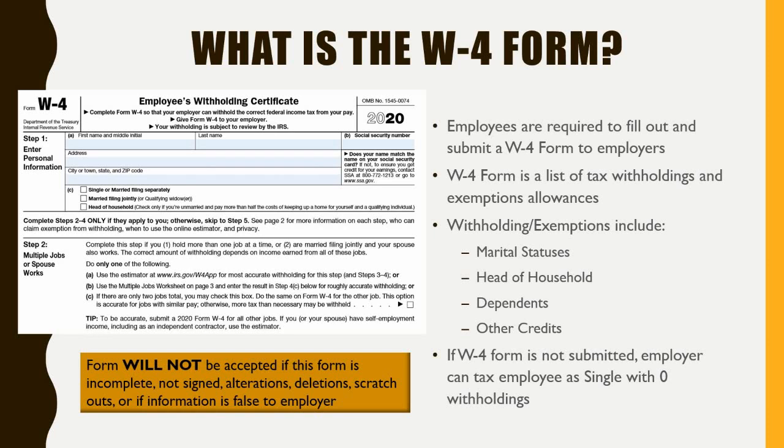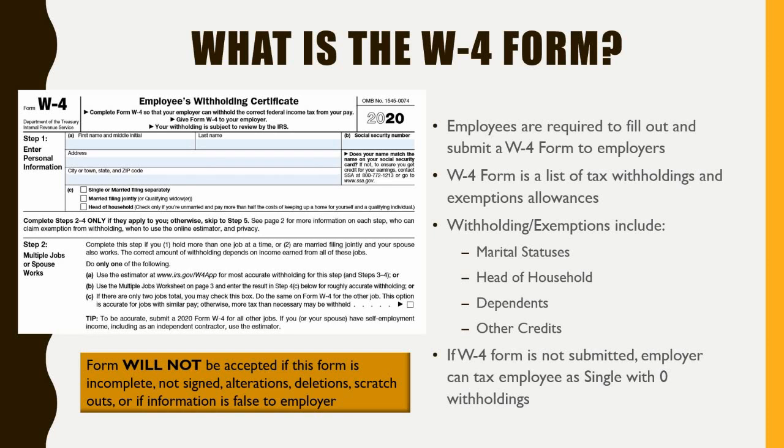So again, this is going to ask you for your legal name and your social security number as well. And it's going to ask you a bunch of questions in regards to your employment, whether you have children, dependents, and what kind of withholdings or deductibles you can take out of your actual income. So that is what that is.